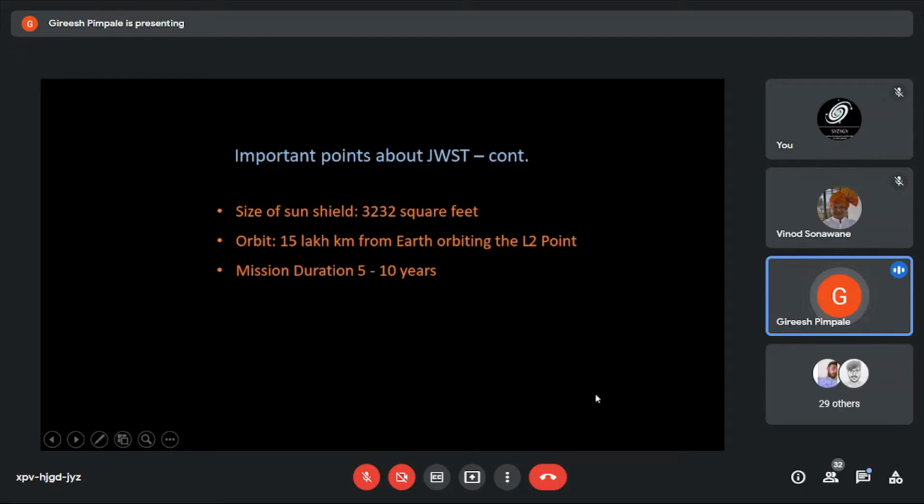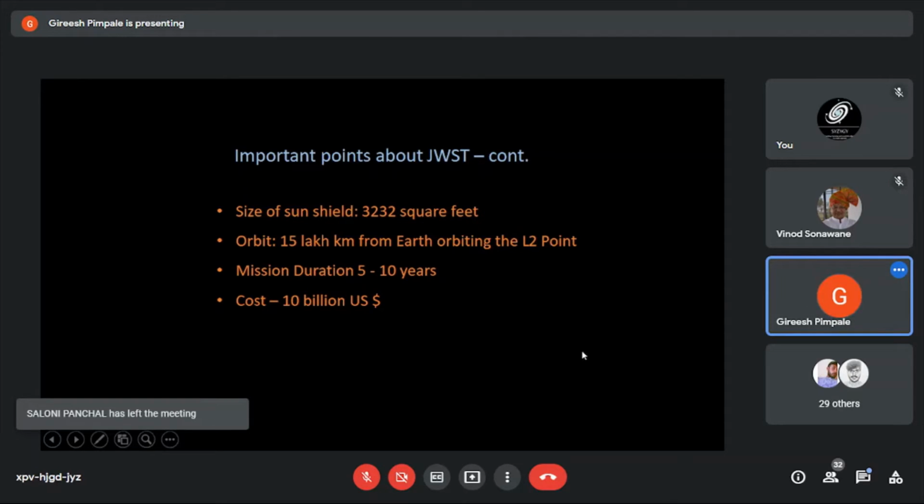Then mission duration is 5 to 10 years. The cost is also huge, 10 billion US dollars. But the research that this telescope is going to do, the value is invaluable, let me say.